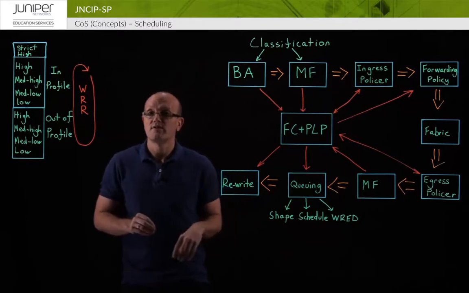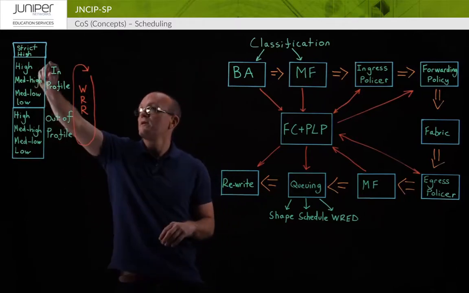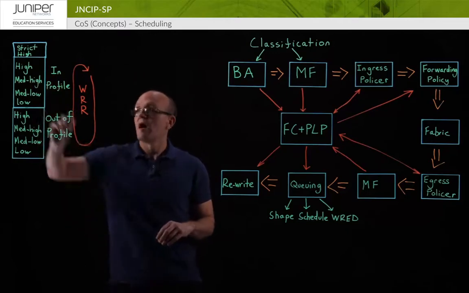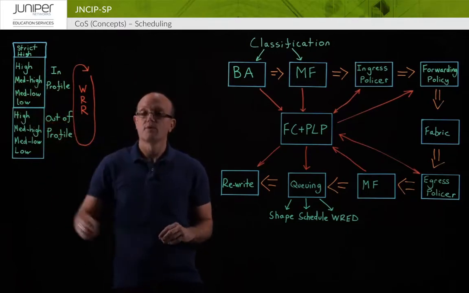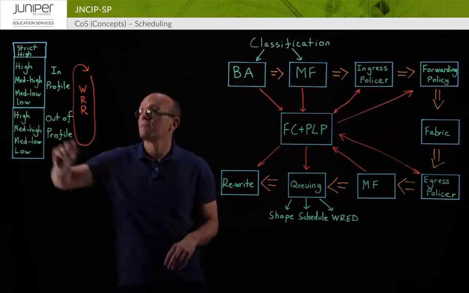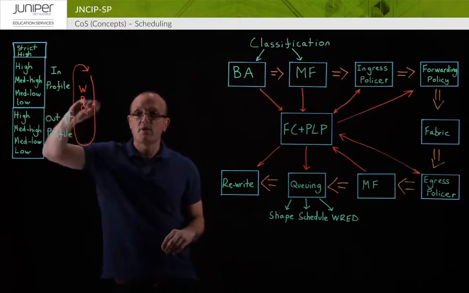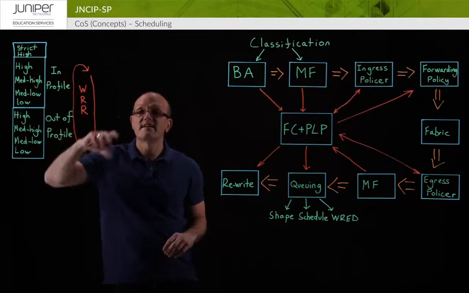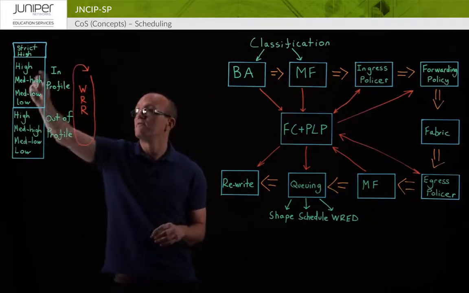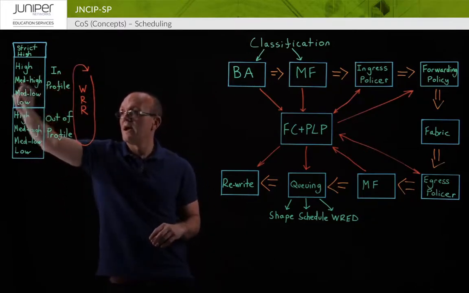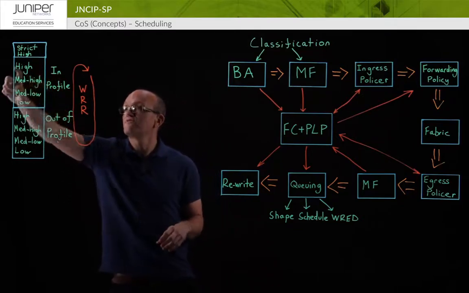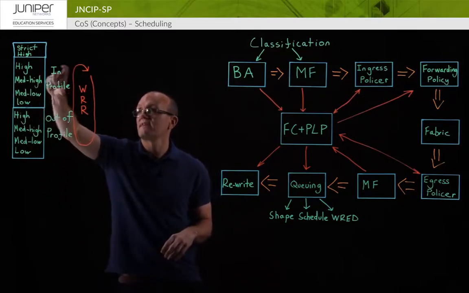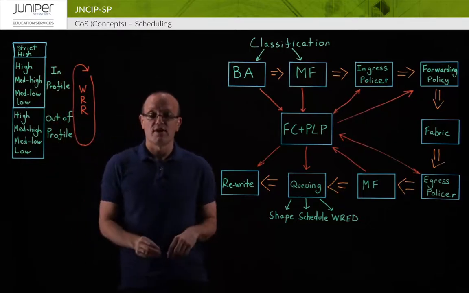So what we're going to be doing is servicing high priority traffic above medium high, above medium low, above low. So as long as we have some high priority traffic, we're going to be servicing that. We're going to be sending that out of the interface before we send out medium high, and so on down the stack. This is true as long as this traffic is said to be in profile.